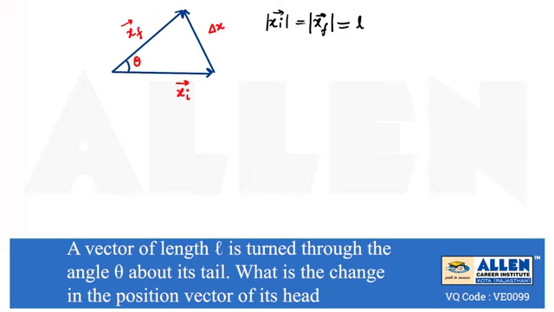Delta is representation of change and x is the representation of position. So this is representing change in position of head of vector. Initially vector is xi, after rotating it becomes xf vector, and delta x is representing that is vector of change in position of its head. We have to calculate that one. That means we have to find delta x vector.